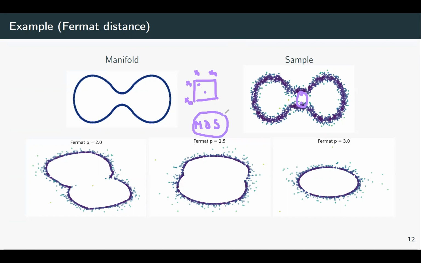Multidimensional scaling solves this optimization problem, trying to find a projection of the original point cloud in such a way that this new matrix of distances between the points is reflected in this projection. So here I apply this algorithm.